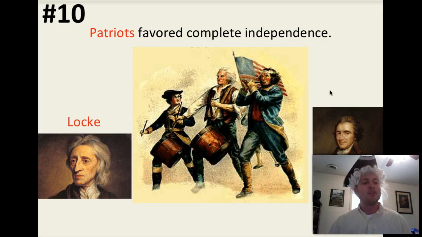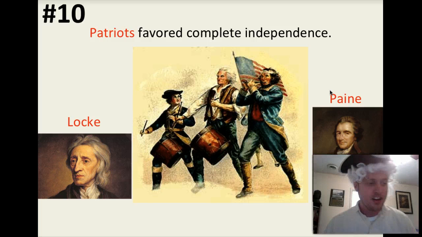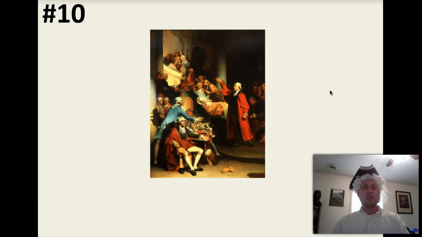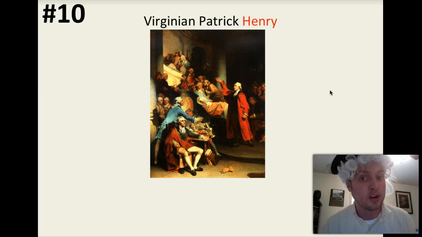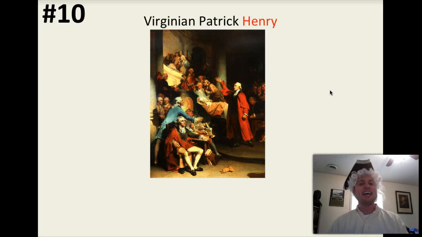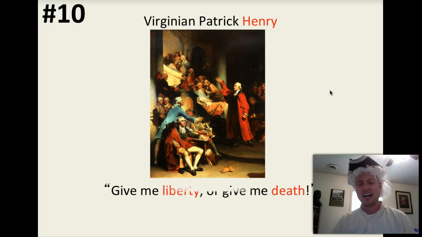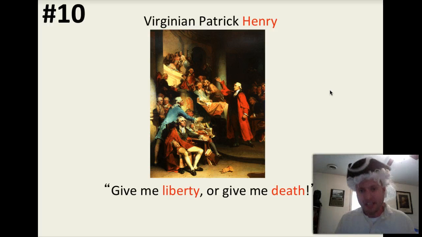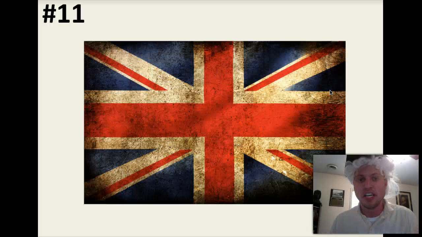They were inspired by the words of John Locke and Thomas Paine, who advocated for rights of people and for getting rid of King George III, including, we're still on question number 10, Virginian Patrick Henry, who gave his impassioned line, "Give me liberty or give me death," meaning get rid of your taxes. You're not representing us in your parliament, so don't tax me, don't take away my rights. I'd rather die than be a slave to your tyranny.